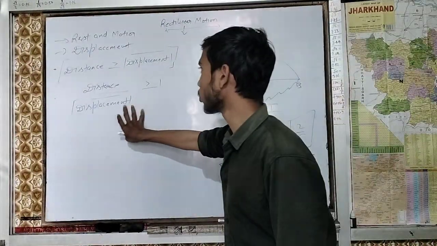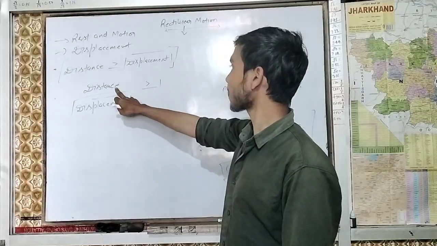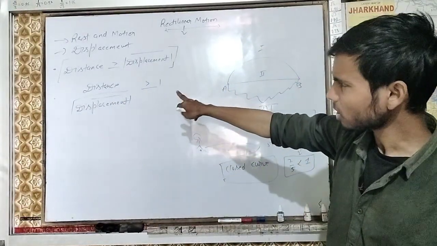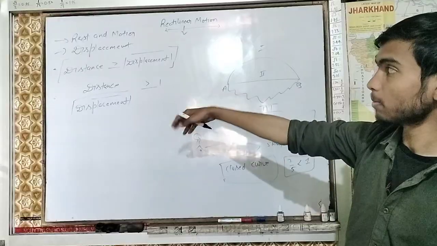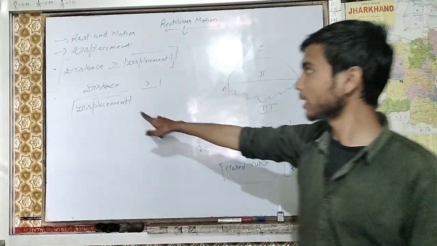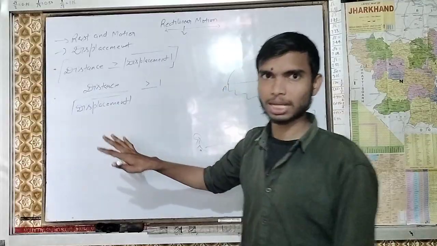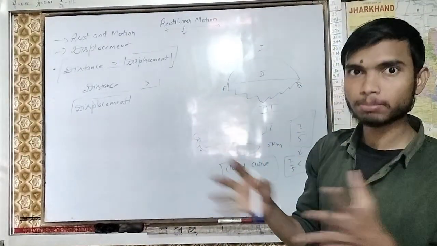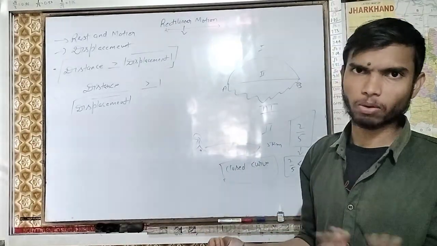Same thing is happening over here. Here it is saying that the fraction of distance upon displacement can be more than 1, or it will be equal to 1. Here it is distance upon distance. If both are the same, the answer would be 1.